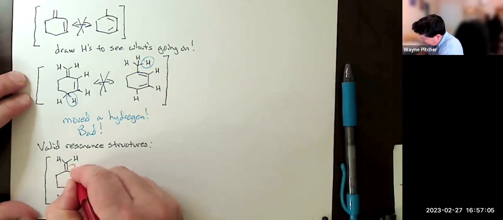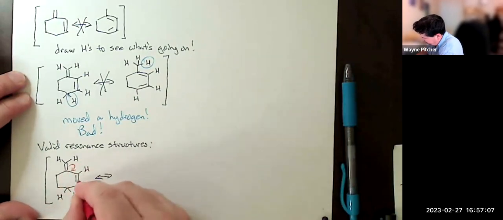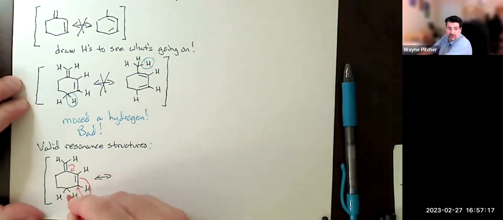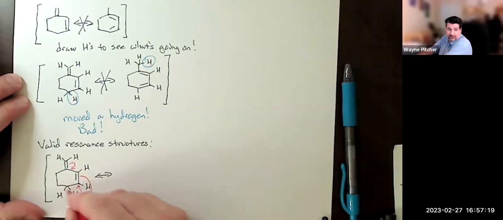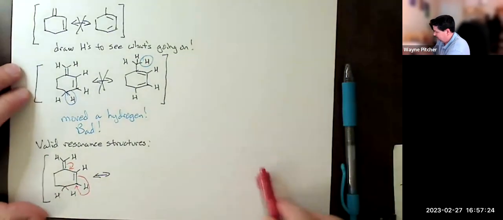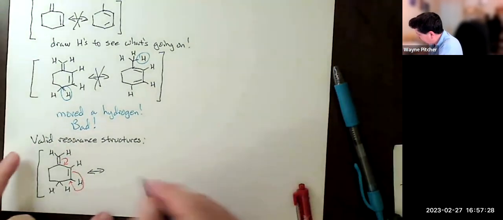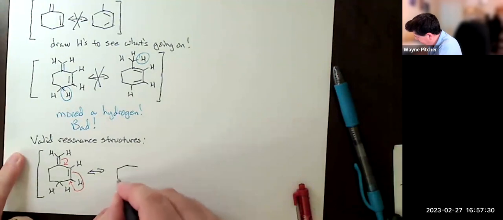So if I push these electrons around there, I'm going to have to push these electrons around because I can't have 5 bonds on carbon. And they're going to have to go onto that carbon. They can't go to make a new double bond because then I'd have 5 bonds on that carbon. I have 1, 2, 3, and then the double bond would be 4 and 5. So what I end up getting now is the following.